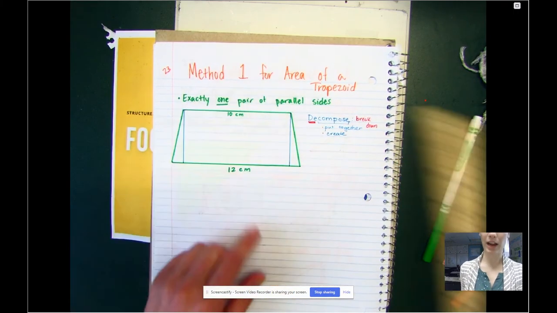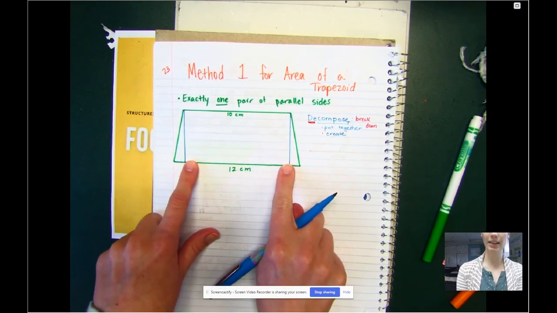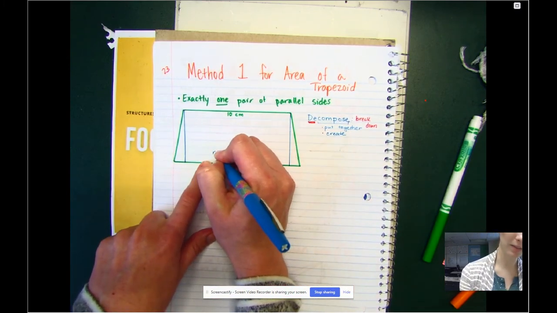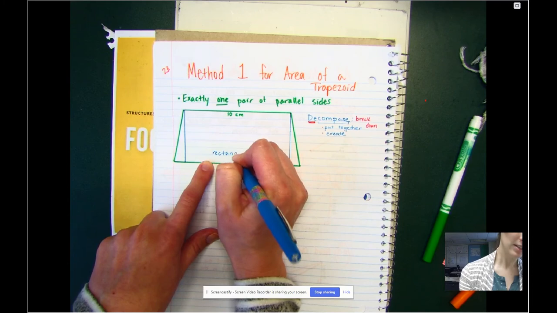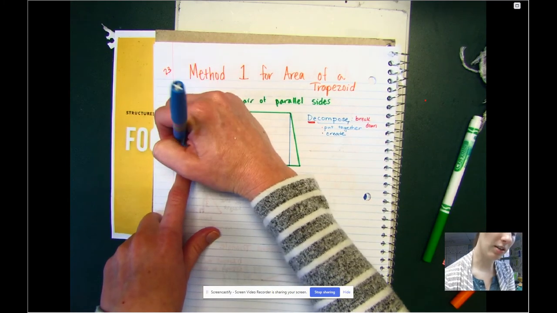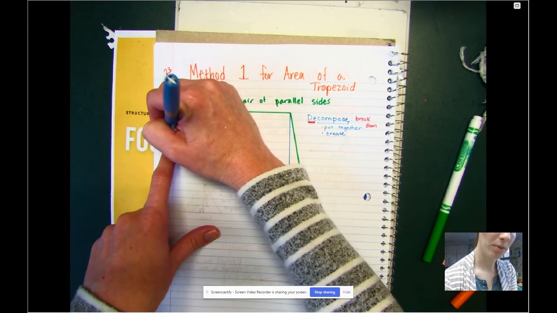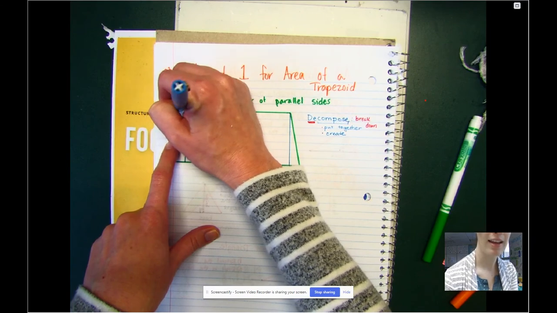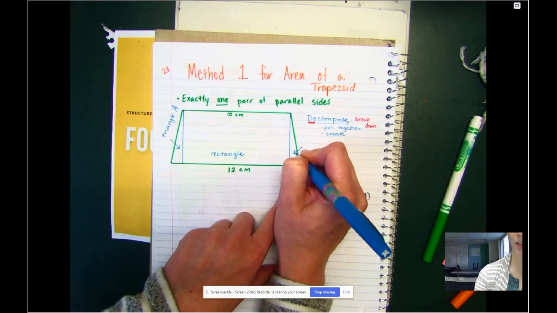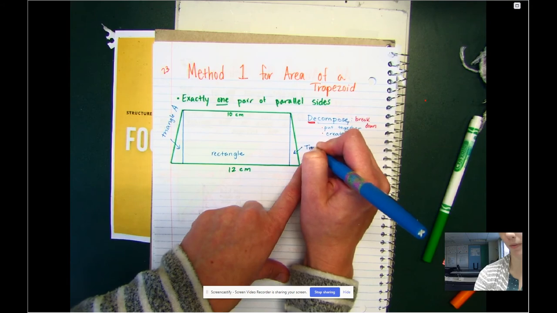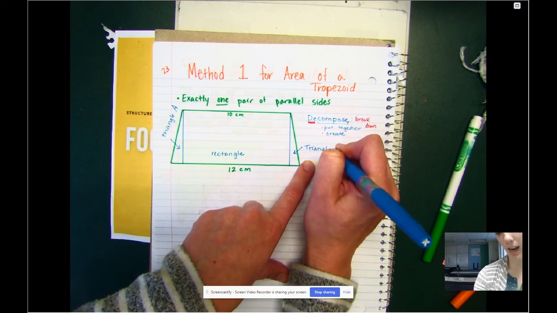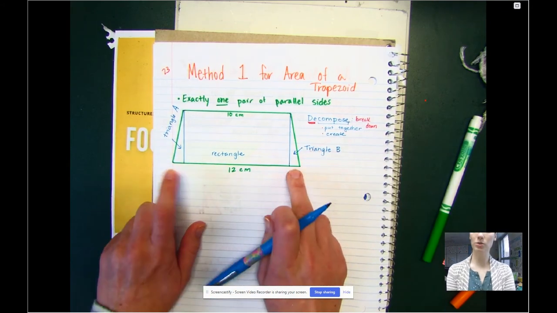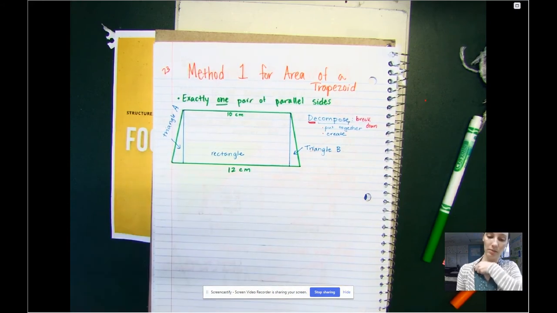Okay, so now I have a rectangle right here and a triangle over here. We'll call that triangle A. And I have a triangle over here. We'll call that triangle B. Sometimes these triangles will be the same, but not always. And it looks like they're slightly different, so we'll have to take that into account.